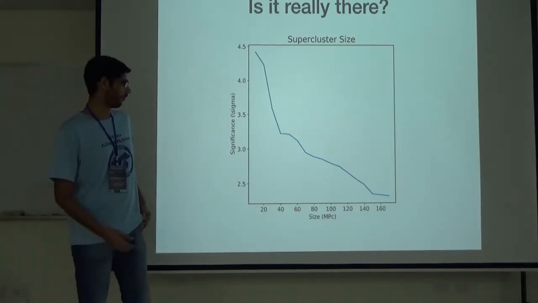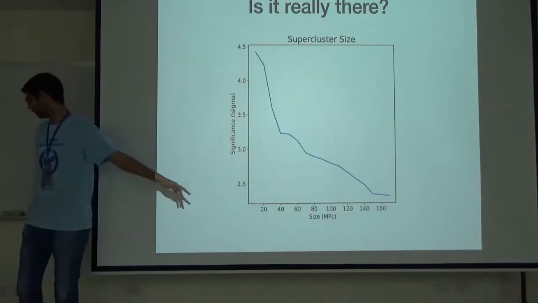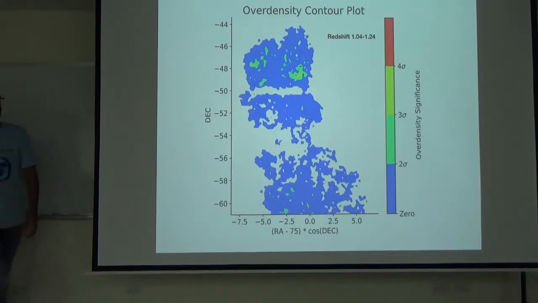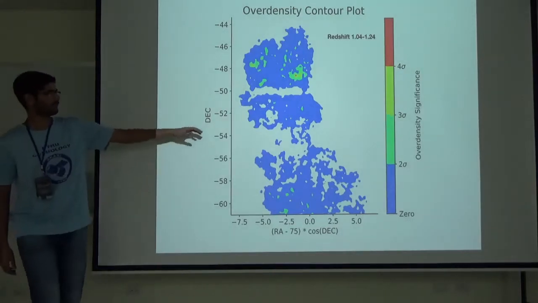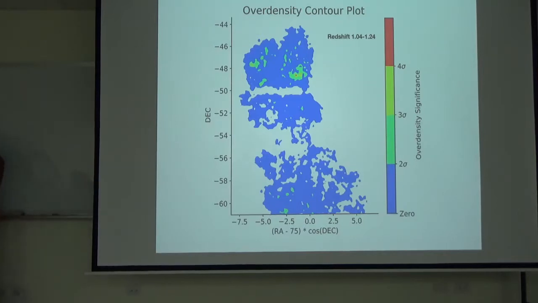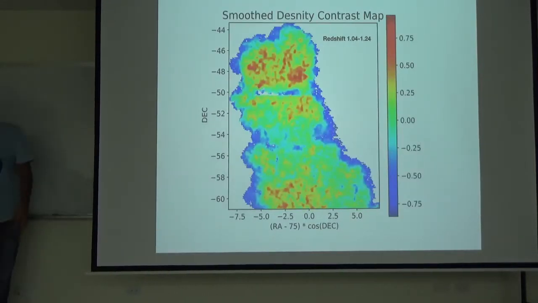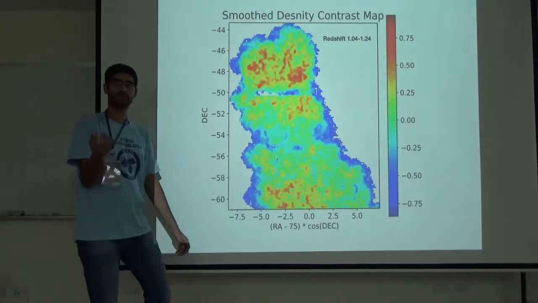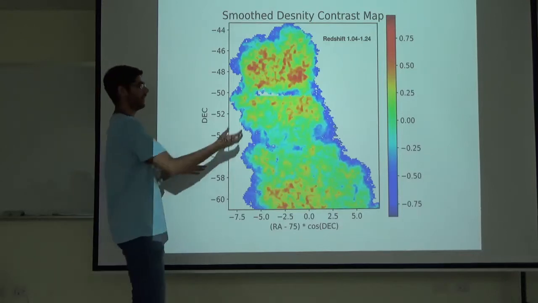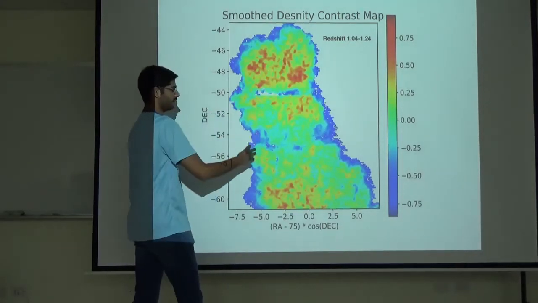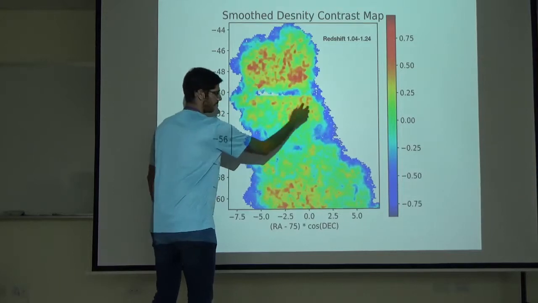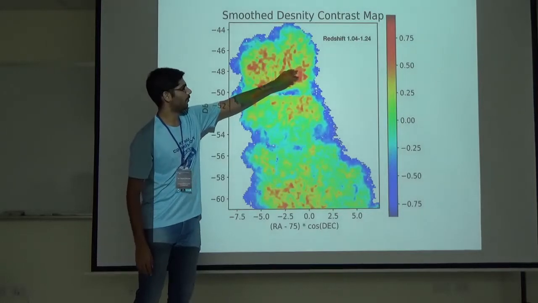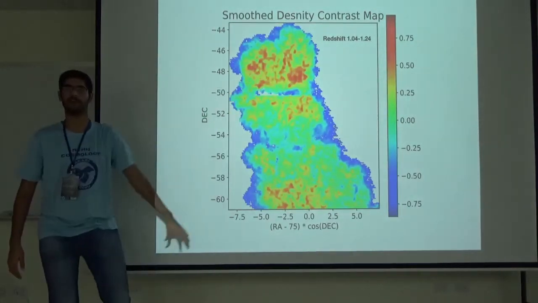So what we do is this size is in megaparsec. We take this map, and corresponding to the size of 20 megaparsec, we'll have a circle of diameter 20 megaparsec, and we'll place it randomly over all the field, and then we look at how overdense our structure is compared to the rest of the field.